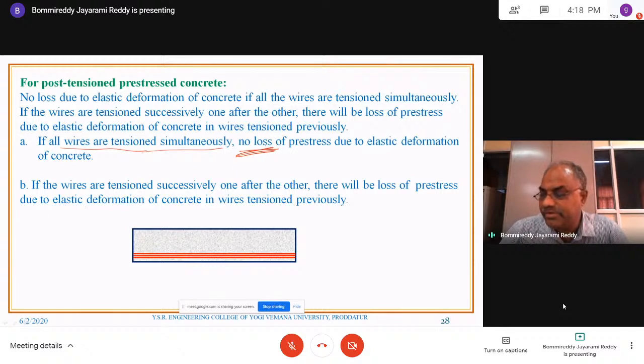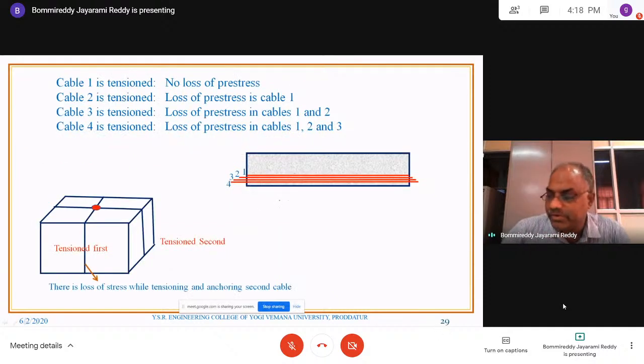Another case is if wires are tensioned one after the other: first cable tensioned, then second, third, fourth, like that. If you tension the cables one after the other, then there will be a loss in the previous wire. For example, imagine this is a cardboard box, and in this direction it is tied first.